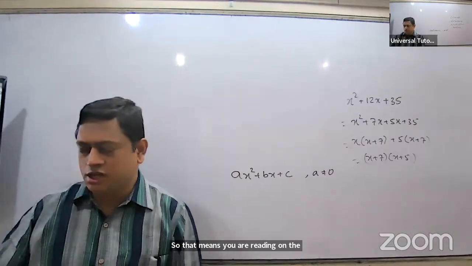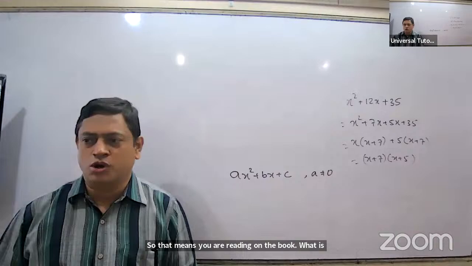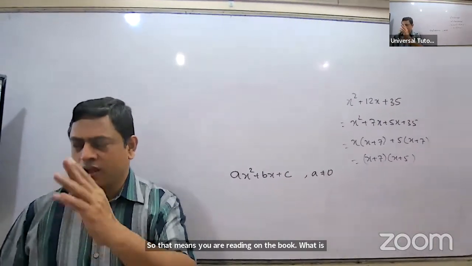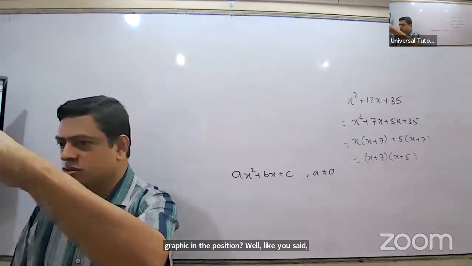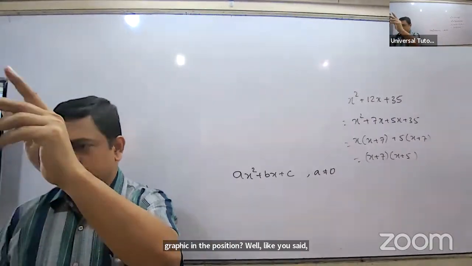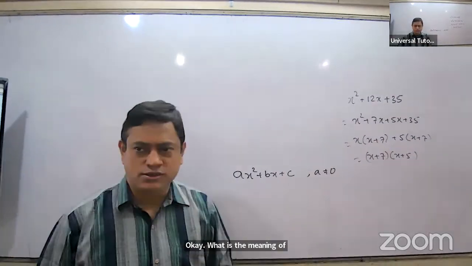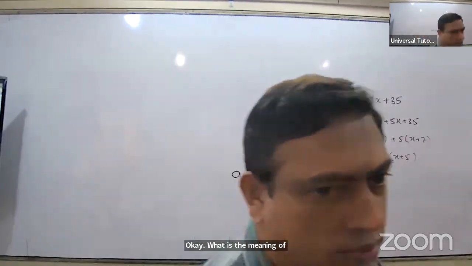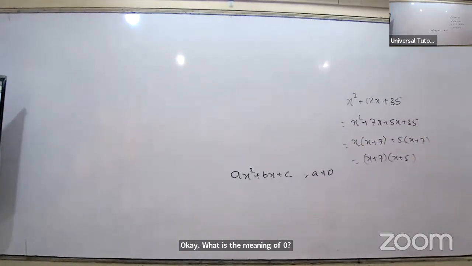What is the graphical representation? Parabola. Okay. Now next, what is the meaning of the zero of the polynomial p of x? There is a geometrical meaning of the zero of the polynomial p of x.